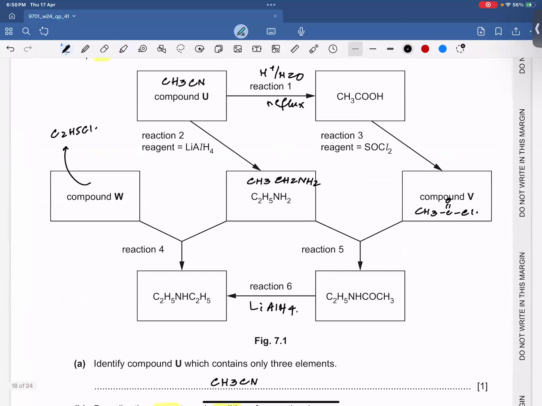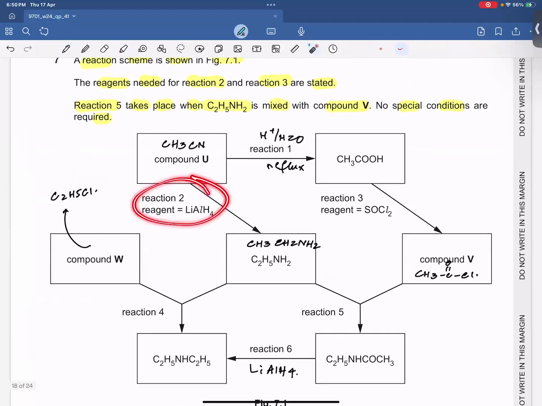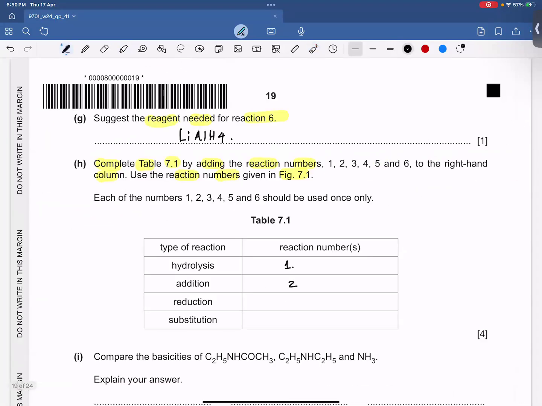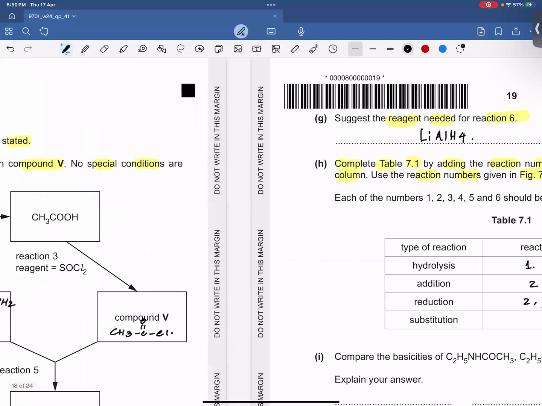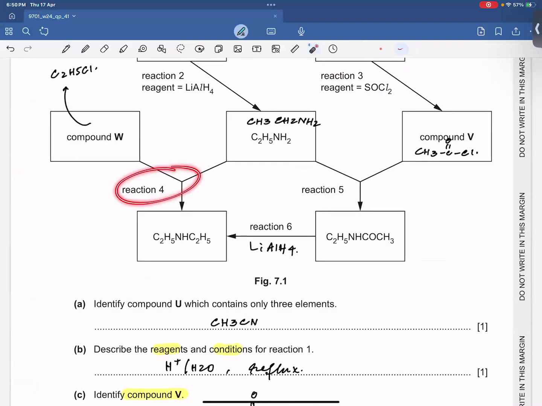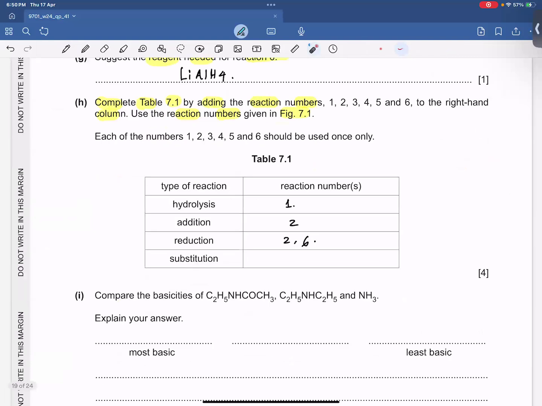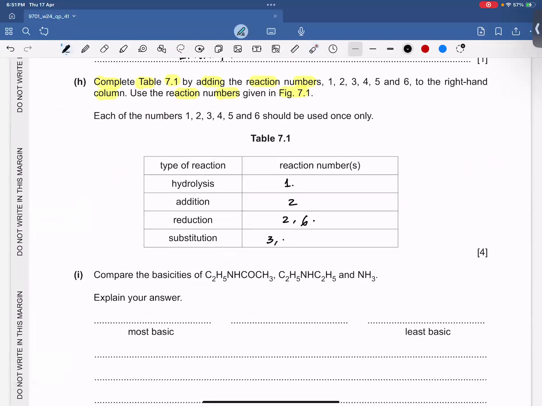So reduction तो 2 में भी हो रहा है, ठीक है. Reduction 6 में भी हो रहा है, 2 and 6. Substitution 4 में हो रहा है because HCl की substitution हो रही है. Substitution 3 में भी हो रहा है और substitution 5 में भी हो रहा है because H and Cl combine together to give HCl. So 3, 5 and 4. Okay.